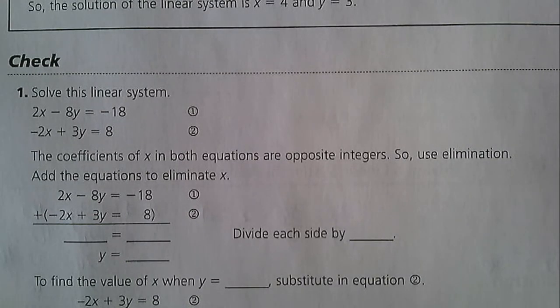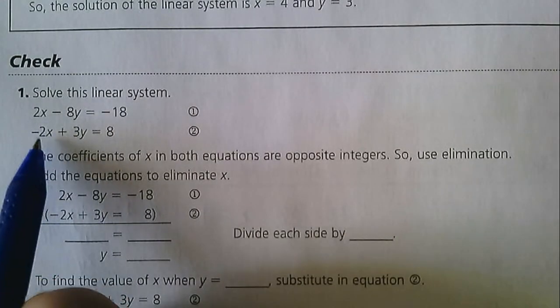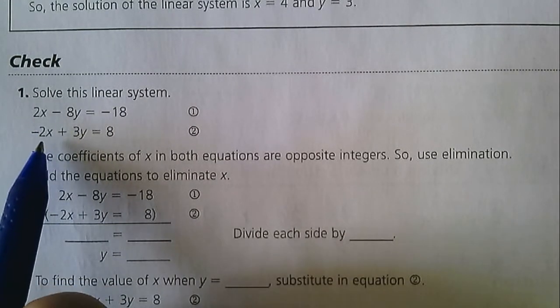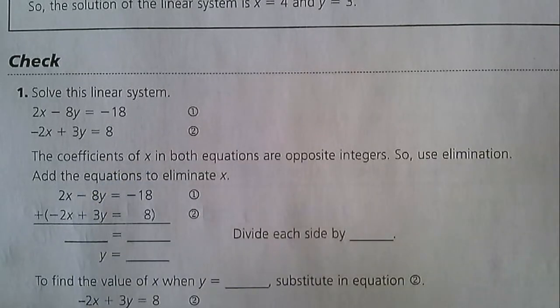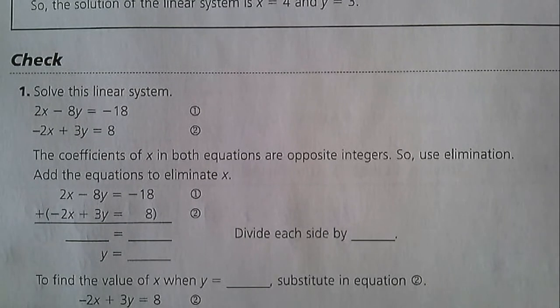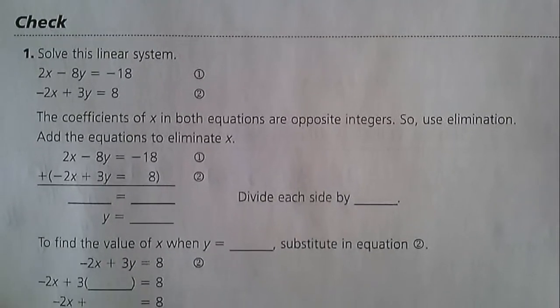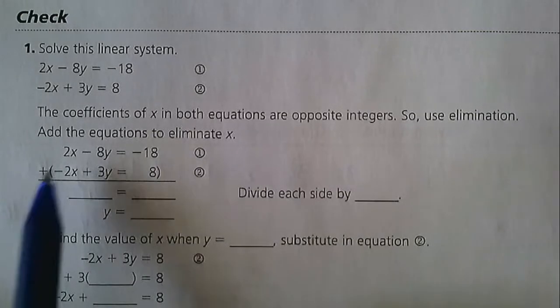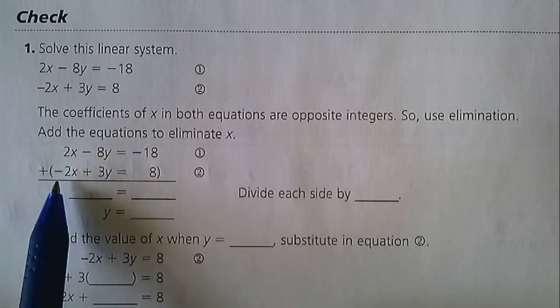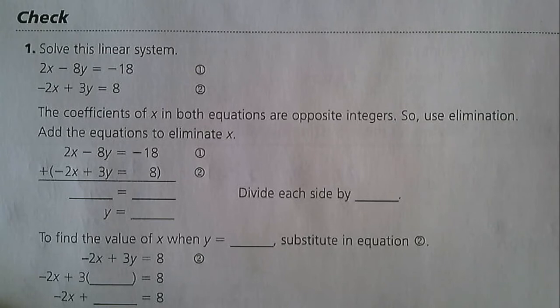We will note here that the x value, this is a +2, that's a -2. So the coefficients of x in both of the equations are opposite integers, so we are able to use the elimination method for this. We're going to add the two equations together and that should get rid of x. 2x plus a -2x equals 0.